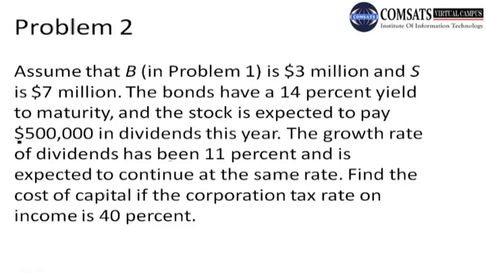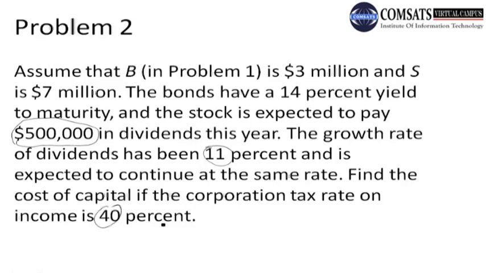So the dividends for the year will be $500,000, and the growth rate of dividend has been 11%, which we represent as G, and is expected to continue at the same rate. Find the cost of capital if the corporation tax rate of income is 40%.